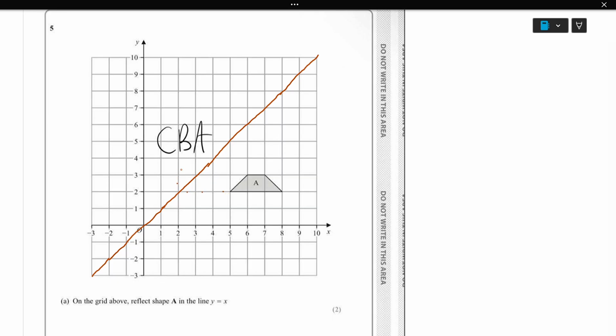The first point is going to be here, this one. 1 2 3, so the second point is going to be here. Next, this one, 1 2 3 4 5 6, here. Then the other one is here, 1 2 3 4.